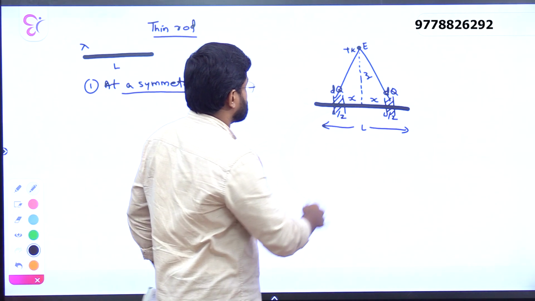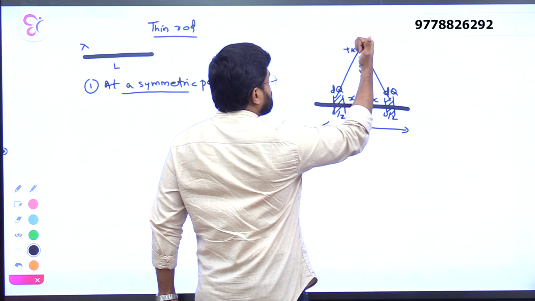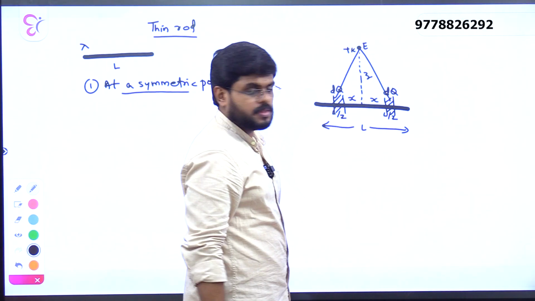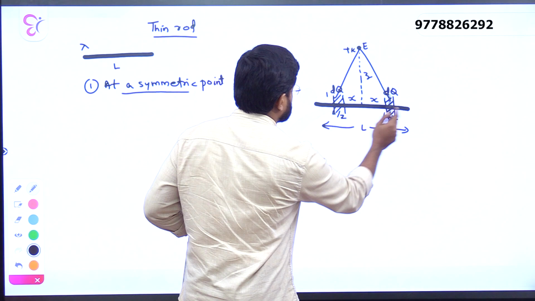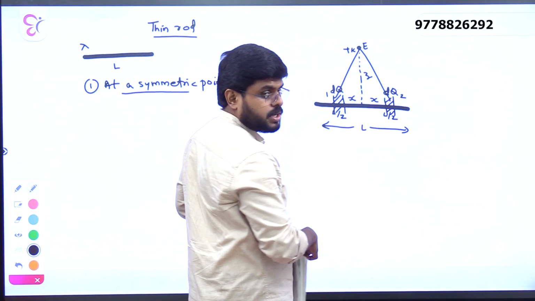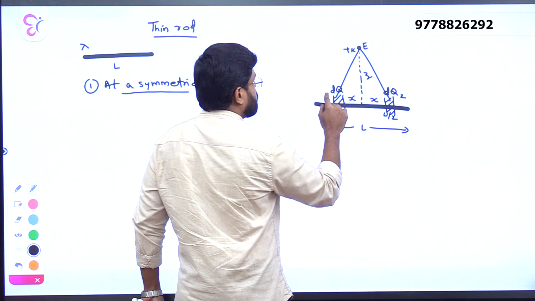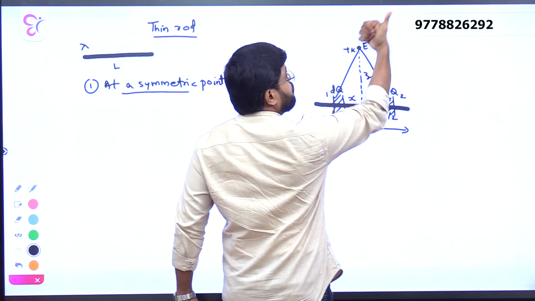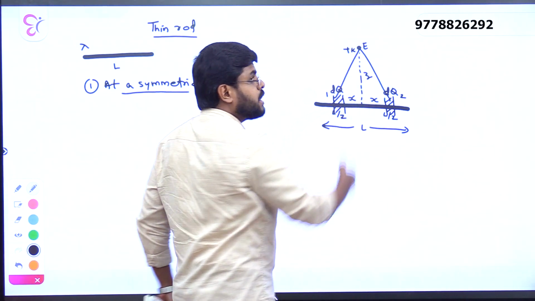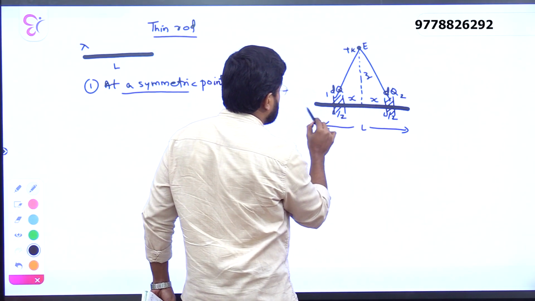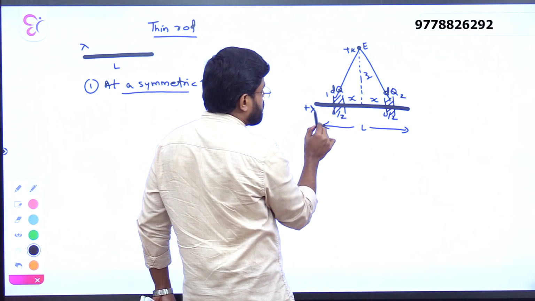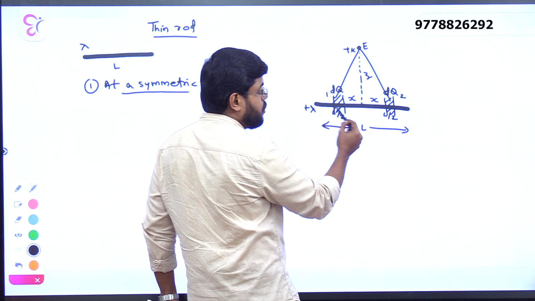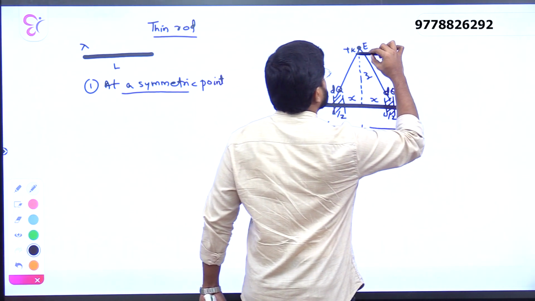When I place a +1 coulomb charge, I have to find whether it is attracted or repelled by each element. This is my first element, suppose, and this is my second element. Due to the first, the +1 coulomb will be repelled, because both are like charges, as the rod has plus lambda charge density.